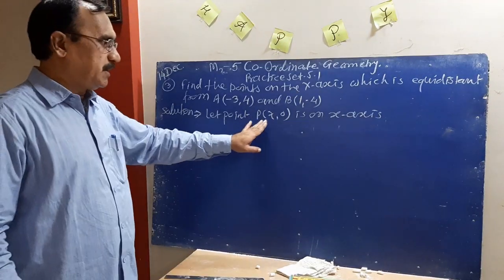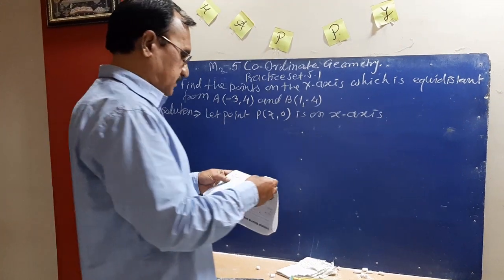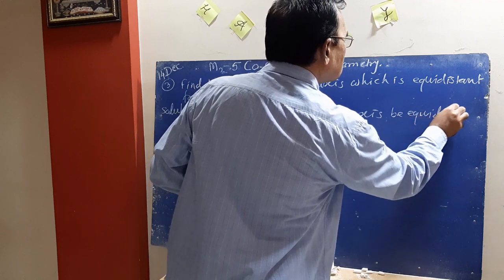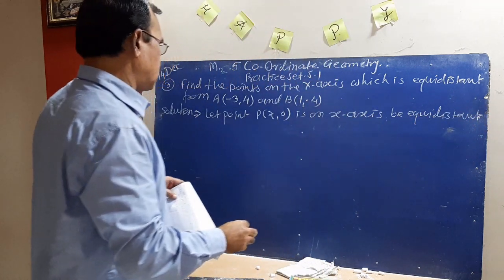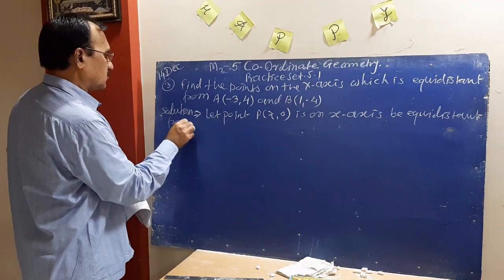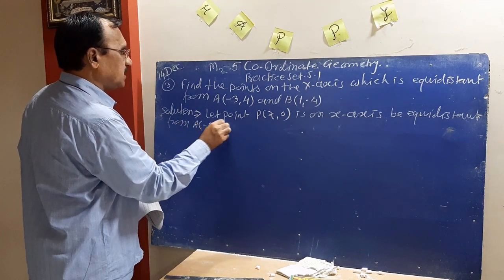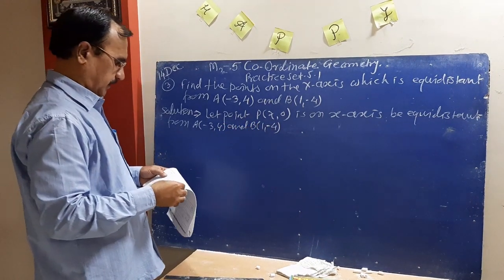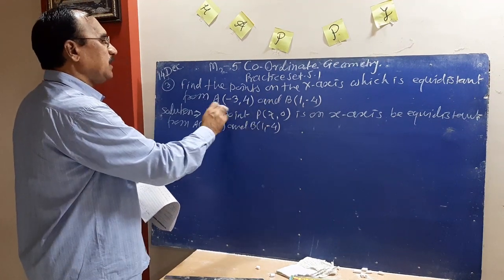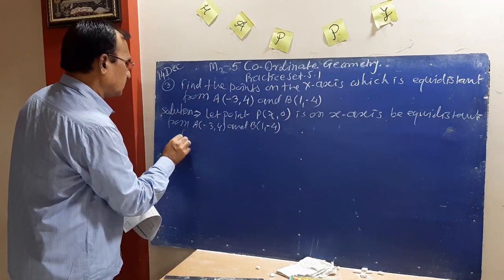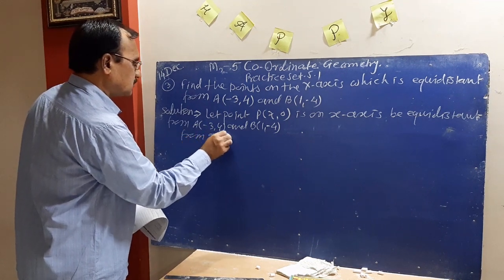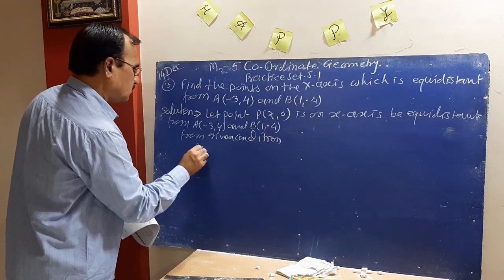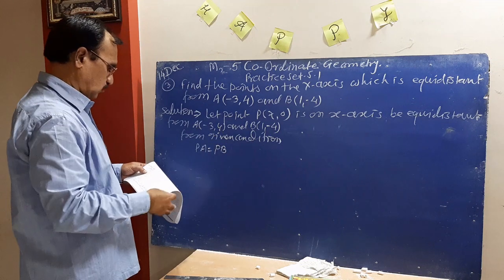Therefore let the point P(x, 0) on the x-axis be equidistant from A(-3, 4) and B(1, -4). We know from the given condition PA is equal to PB.